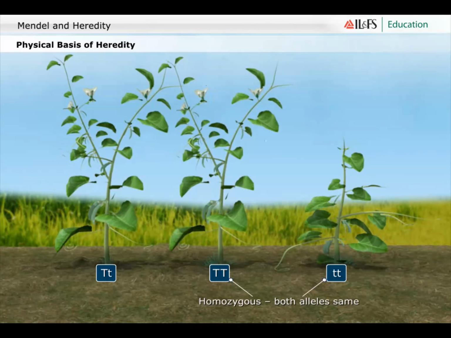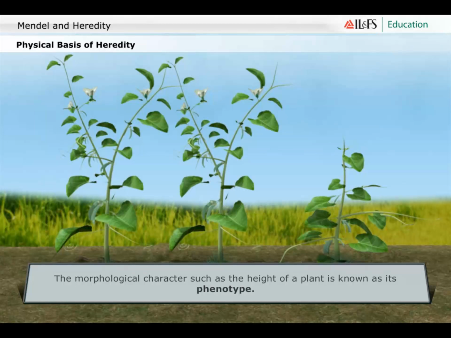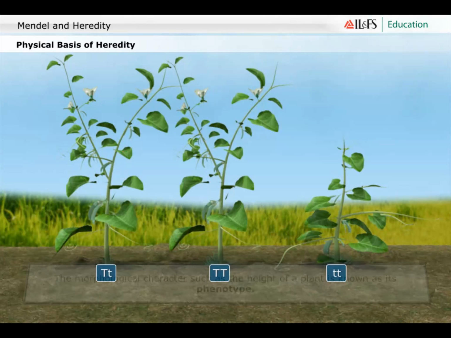Whereas if alleles of a gene are in alternative forms, such as capital T, small t, the gene is in heterozygous state. The morphological character, such as height of the plant in this example, is known as its phenotype.